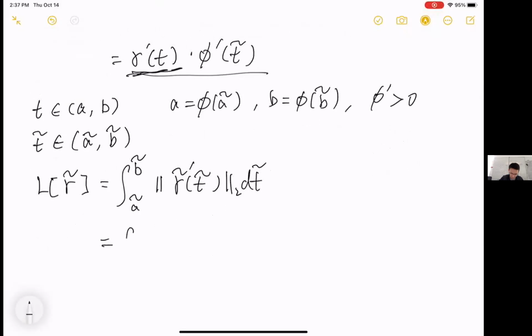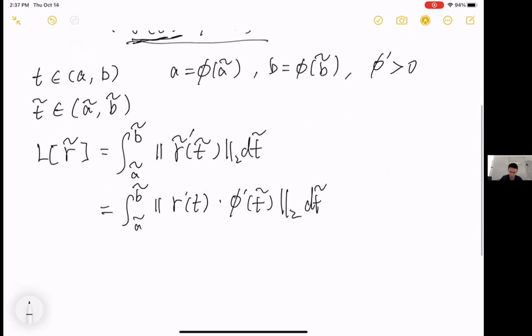So this is what we get, times dt tilde. Once we plug it in, we see that this is just a scalar, so we can bring it out of the two norm. So this is what we get.